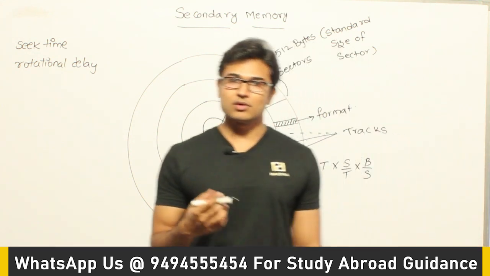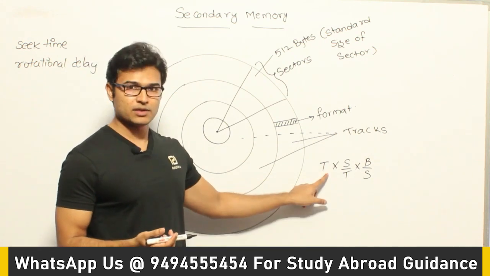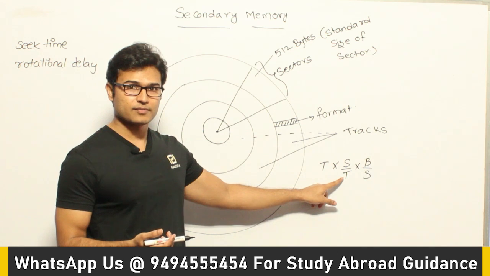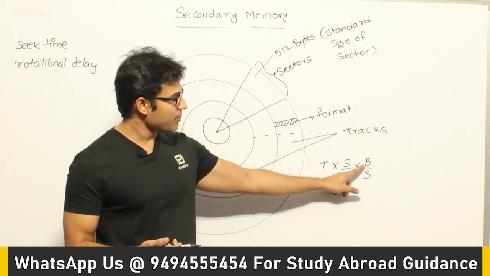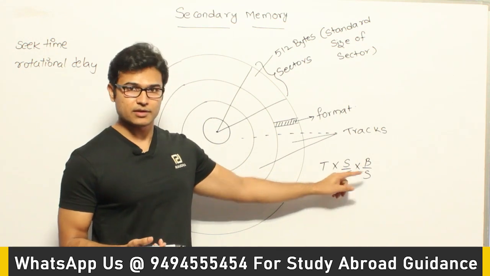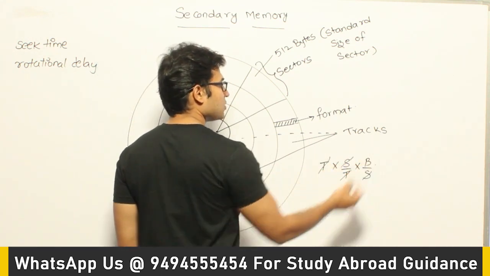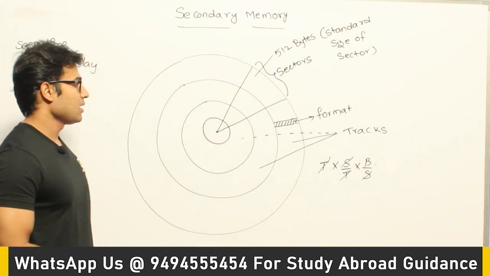Are you getting this? The total capacity of the disk is the number of tracks, multiplied by the number of sectors per track, which gives all the sectors present, multiplied by the number of bytes in each sector. Now you get the total capacity of the hard disk in terms of bytes.